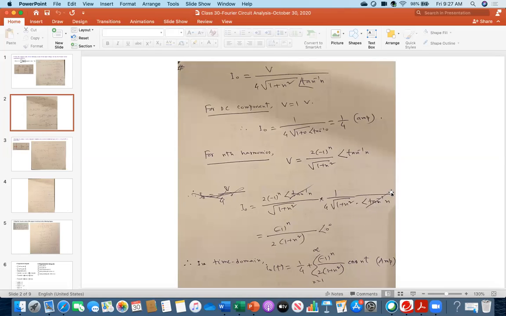Tan inverse n cancelled. This is 2, here 4, so I am cancelling and getting 2 in the denominator, and then root over 1 plus n square, root over 1 plus n square, 2 times 1 plus n square. The angle is 0 because tan inverse n cancelled, so just 0, and then minus 1 to the power n. So I am done.